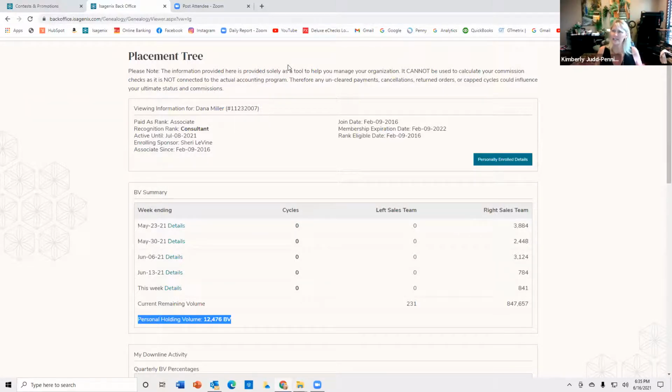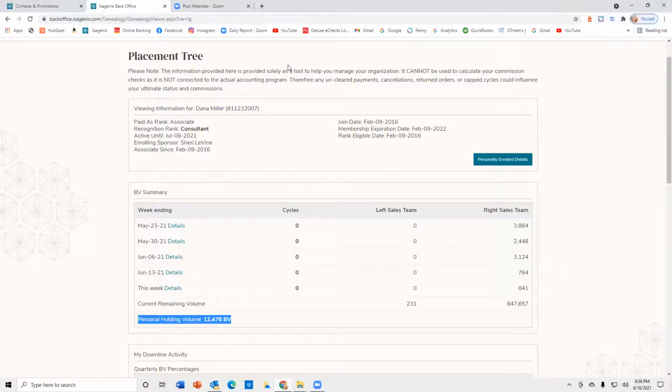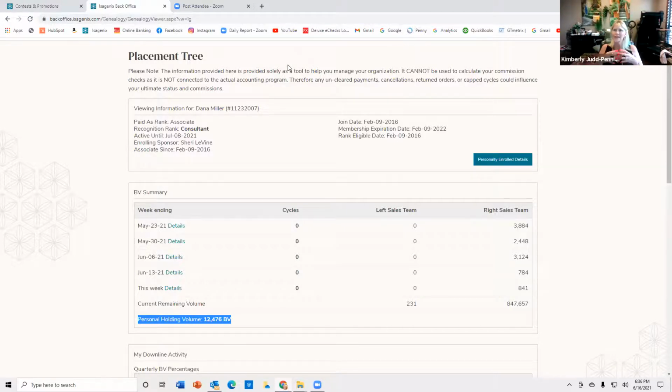And the idea is to learn from as many people as possible, and then pick the gold nuggets from everybody and create your own mojo and your own way of doing Isagenix. And that's when you're doing the business authentically as yourself, not as somebody else, but you pick what works for you. And then pretty soon you have all these gold nuggets, and all of a sudden your business is blossoming, you're earning money.